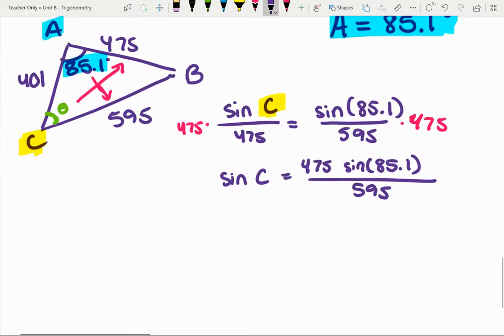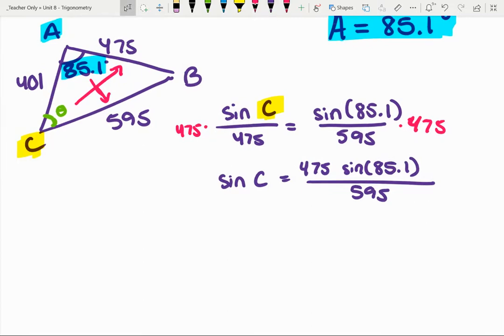And so just like we did to find the measure of angle A, if we're going to isolate C, the measure of angle C, we need to apply an inverse sine to both sides. So I'm going to apply inverse sine to both sides. That's a little smushed here, so let me rewrite that.